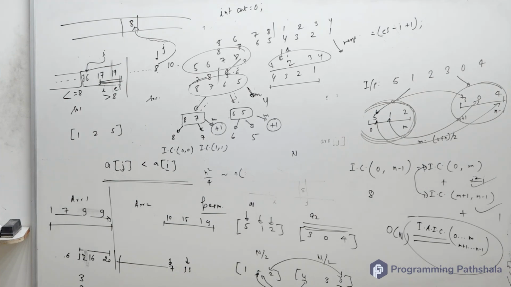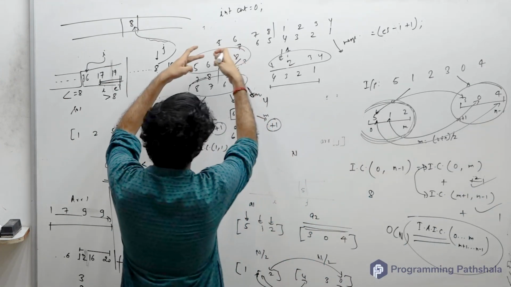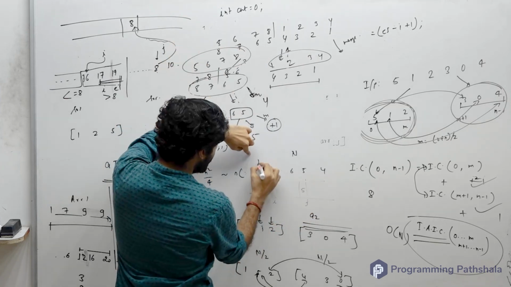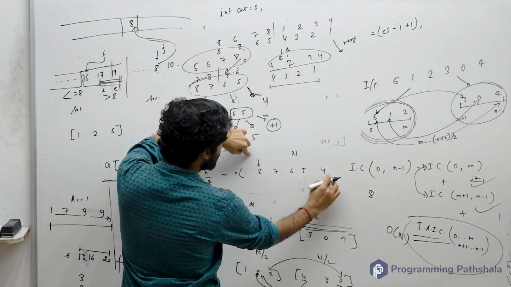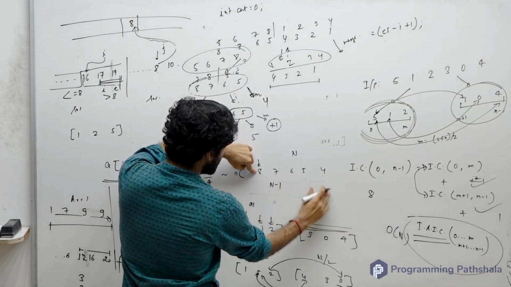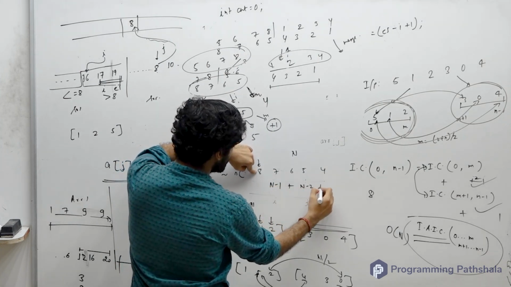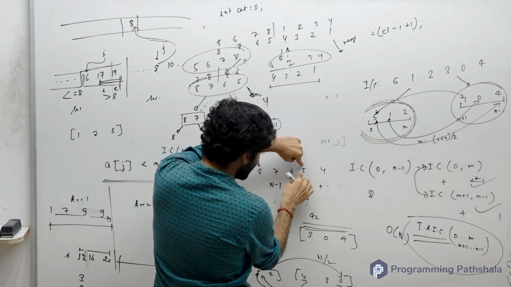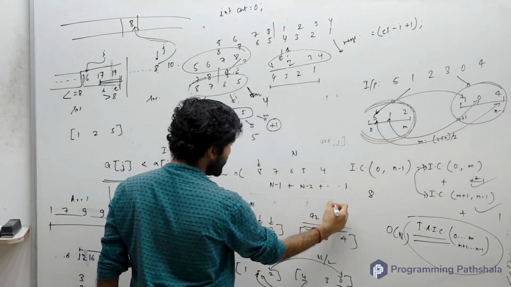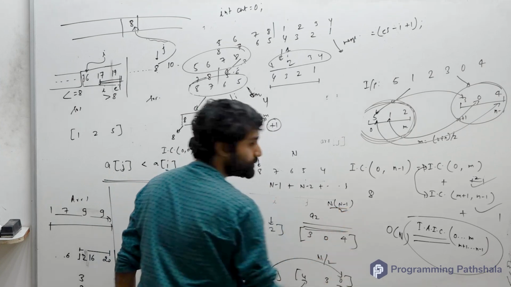If it is sorted in strictly descending order, let's say 8, 7, 6, 5, 4, then for the first element, all these elements are contributing to inversion. So for the first element, n minus 1 inversions. For the second element, n minus 2. Until the second last element 1 and for the last 0. So the sum from 1 to n minus 1 is n into n minus 1 by 2.